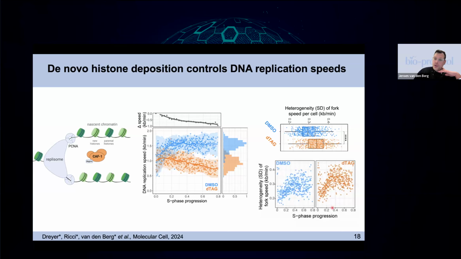And furthermore, we can see that this heterogeneity or standard deviation measurement of these DNA replication speeds seems to be mainly affected later in S phase, where we also see the largest decrease in DNA replication speeds.